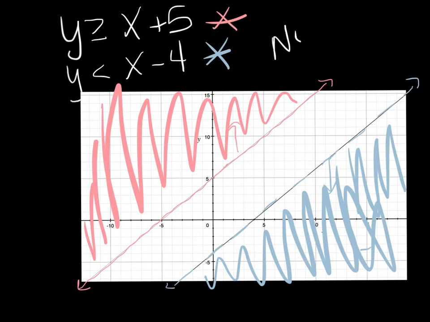And if you remember from the video before, when we had no solution, it was because we had two parallel lines. There was no intersection point. So there is still no intersection point in this one. So therefore, we don't have any solutions. Boom.